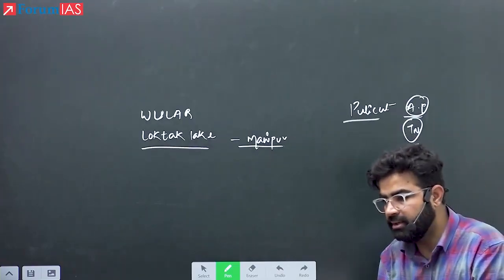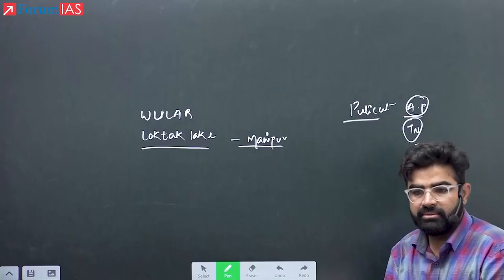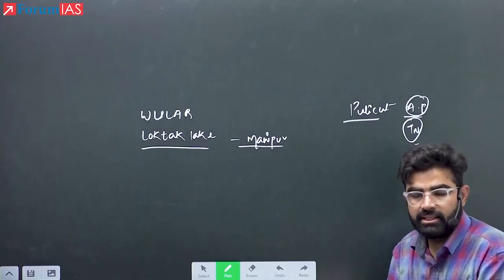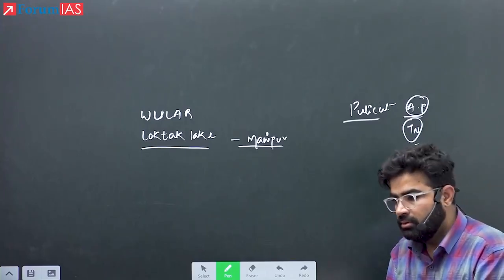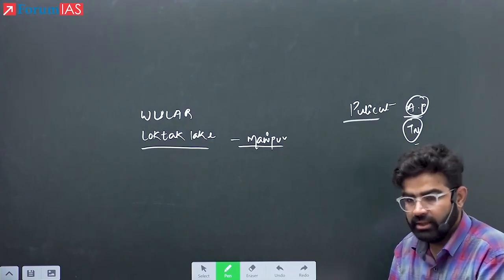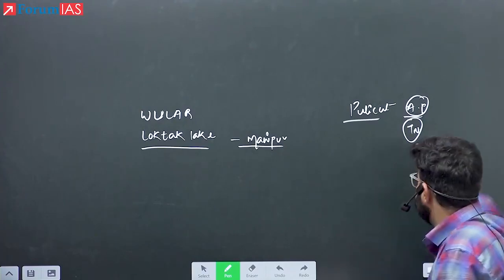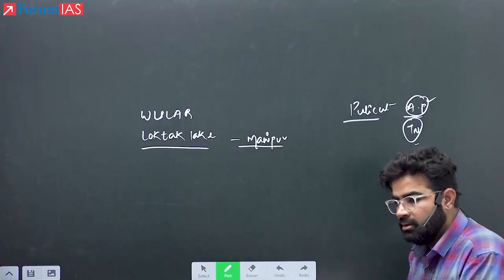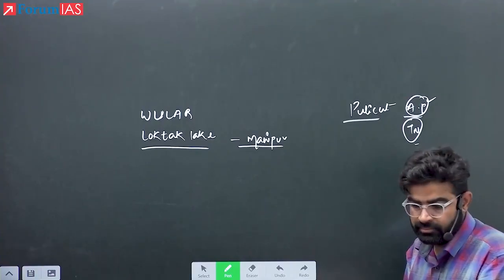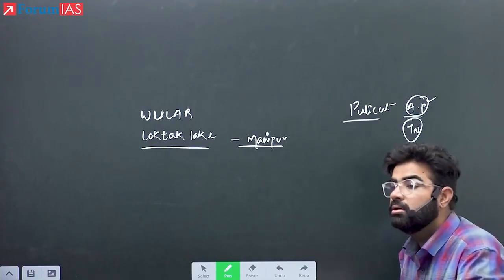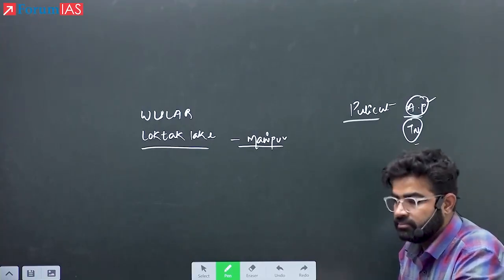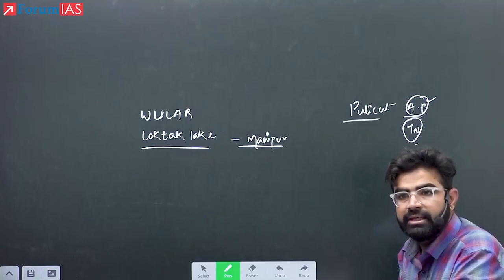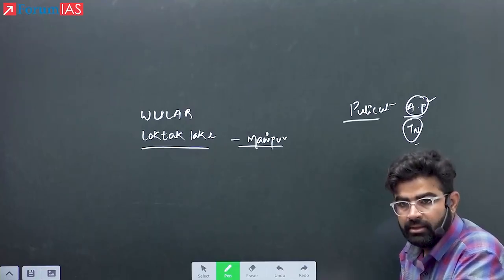Is it visible in the map? Most of its portion lies in Tamil Nadu. Oh, sorry, Andhra. Most of its portion lies in Andhra, sorry. Is it visible? Is it mentioned? Pulicat Lake, can you see?